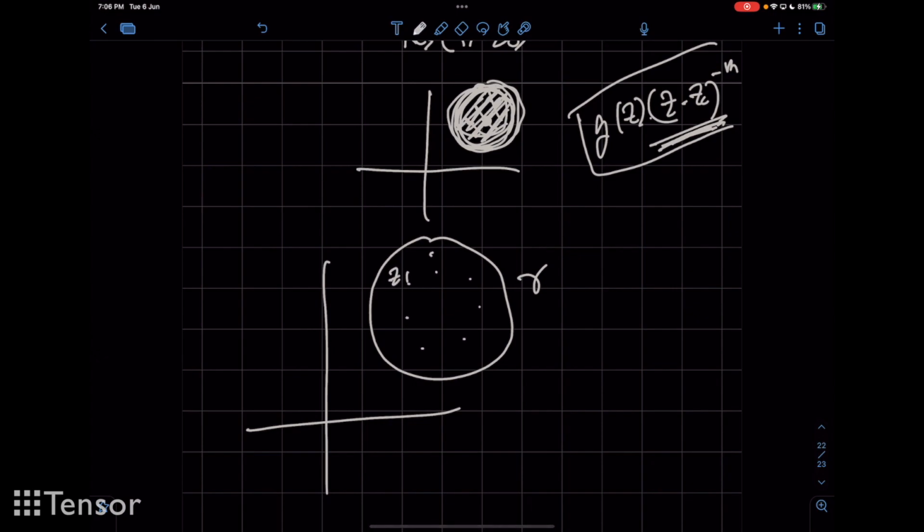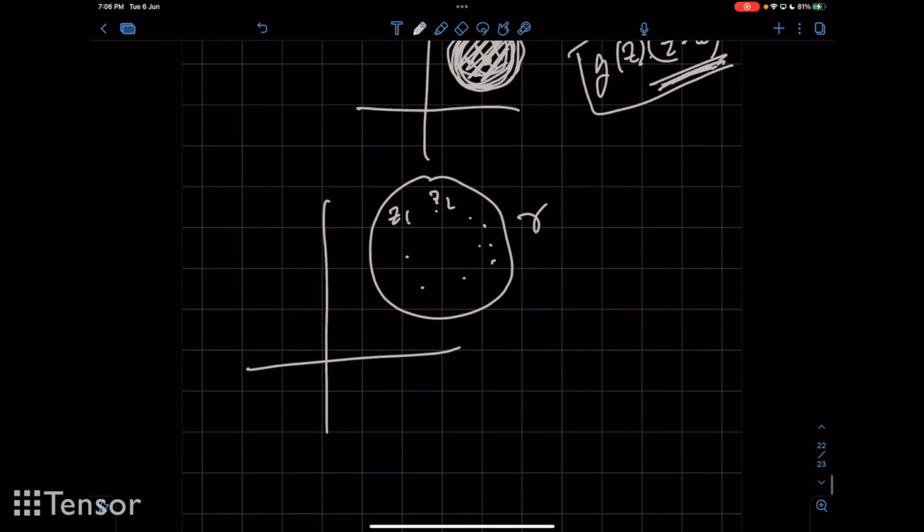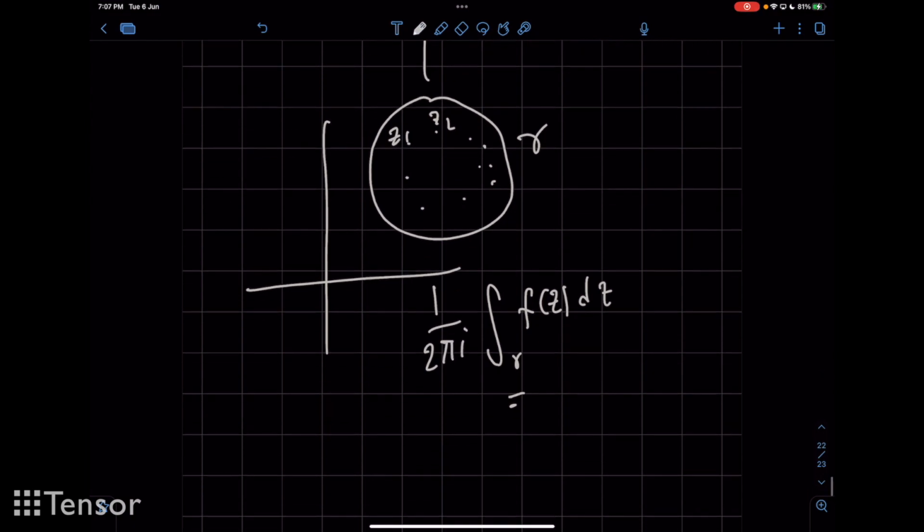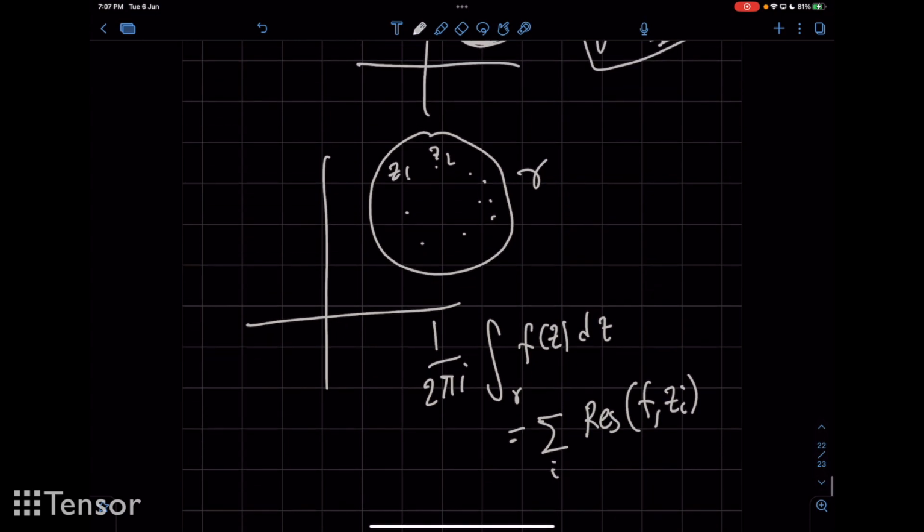This is z1, this is z2, and so on. Then the integration of f(z) dz over gamma, divided by 2 pi i, gives the sum of residues of f at z_i, summed over i, where the z_i are the poles in the region enclosed by gamma.